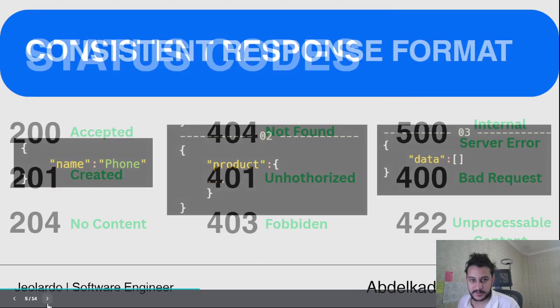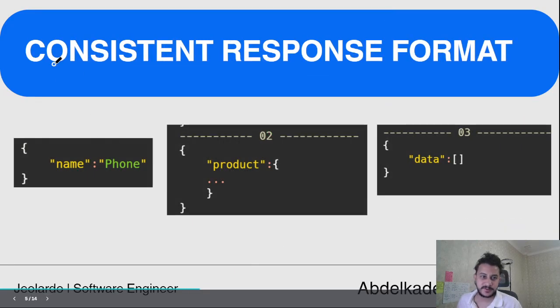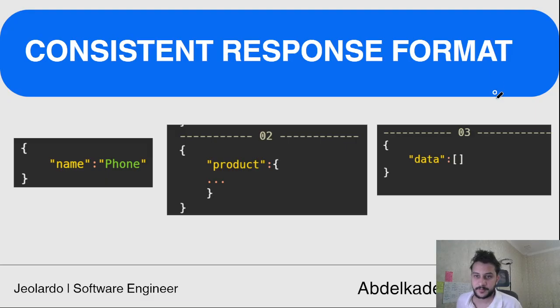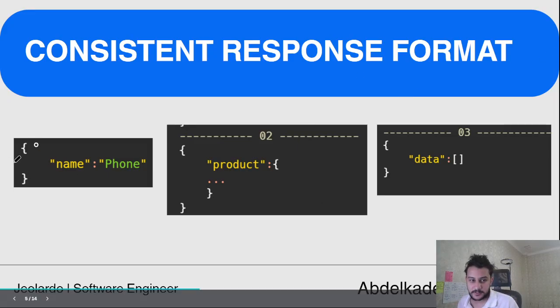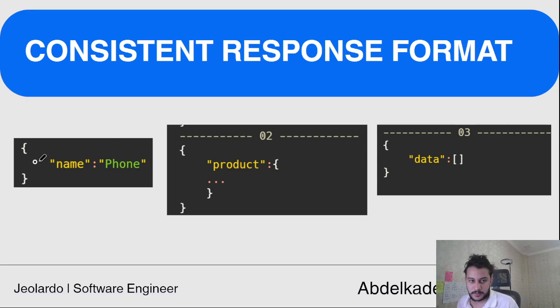Now let's go to the consistent response format. So what does it mean? Your response should have a unique structure for all the resources of your API. For example, here you can return the response with this structure, this is better, and also this is good.